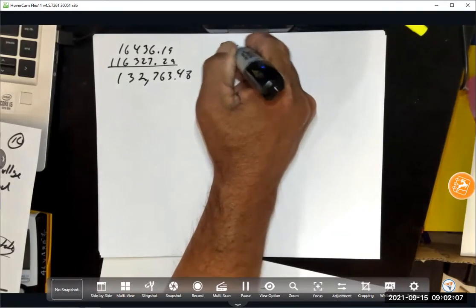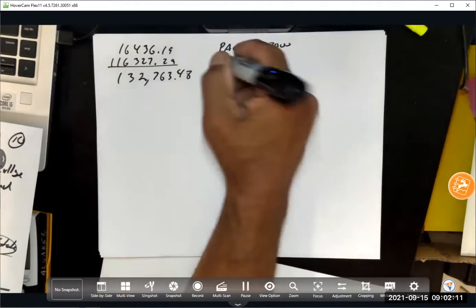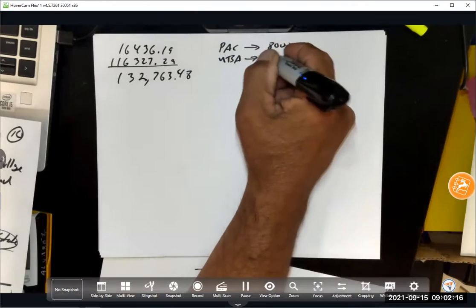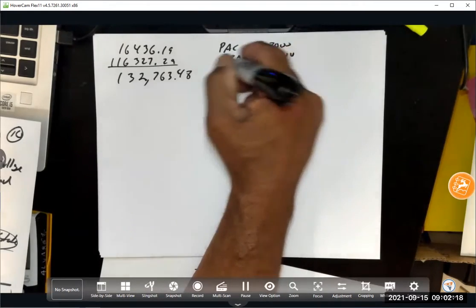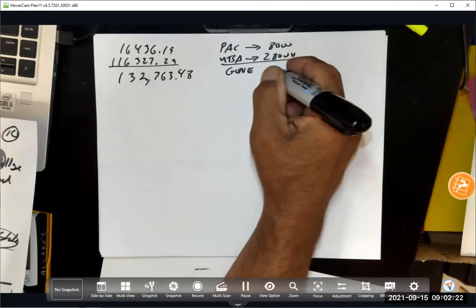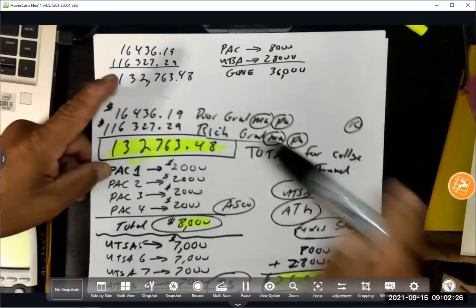At Palo Alto, we spent $8,000. At UTSA, you spent $28,000. So how much money is gone from your account? 36,000.